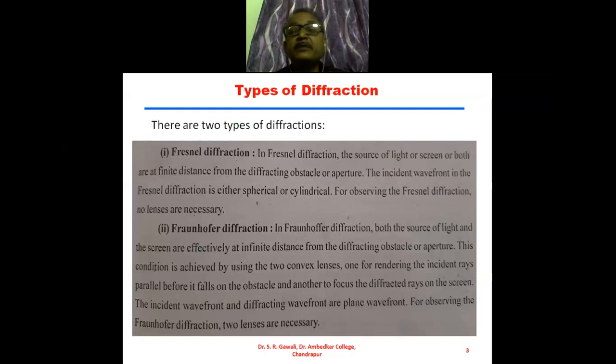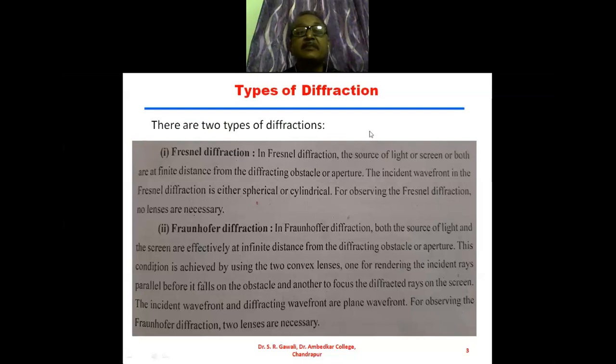First of all, we'll see the types of diffraction that we have seen previously. There are two types of diffraction. One is the Fresnel type of diffraction that we have studied, and the second is the Fraunhofer class of diffraction. In the Fraunhofer diffraction, both the source of light and the screen are effectively at an infinite distance.